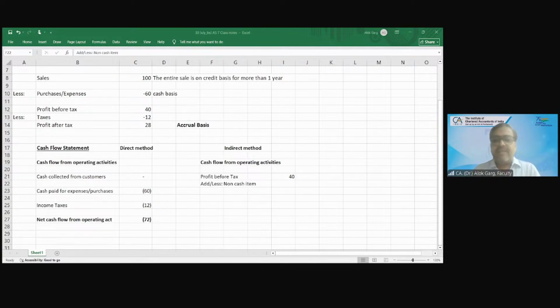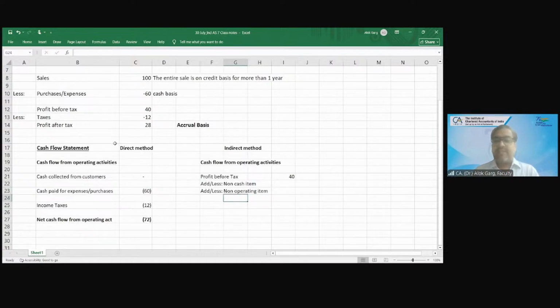It is a financing item, a financing activity. I am giving you some revision. So non-operating items, which are investing or financing items, but nothing is there in this case.